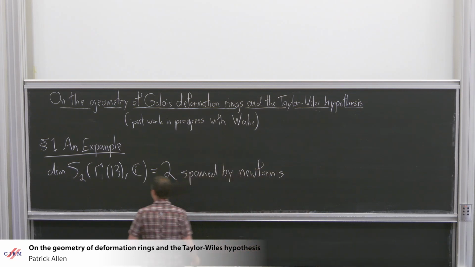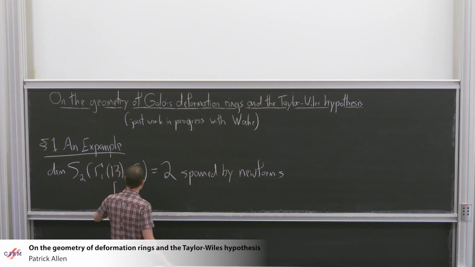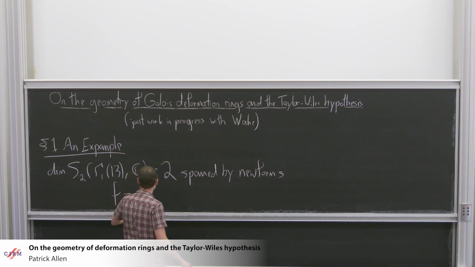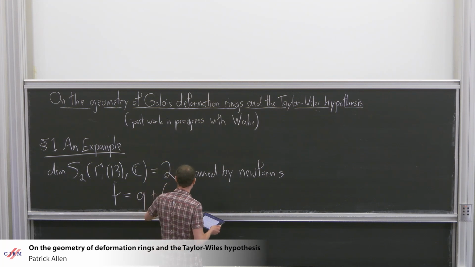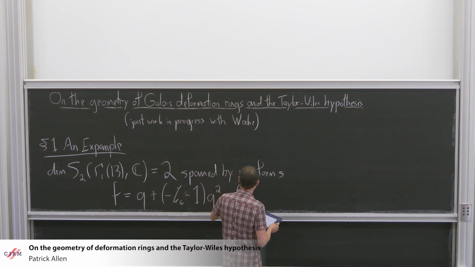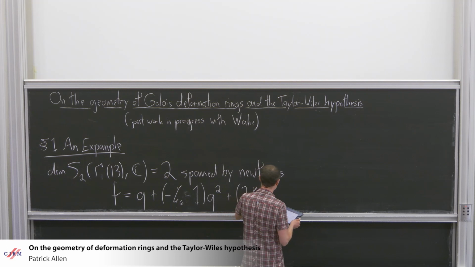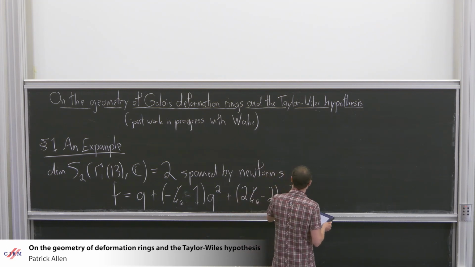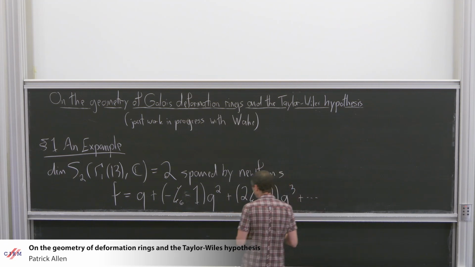There's a newform F. Let me write down what its q-expansion looks like, at the start at least: q plus, I don't have my notes for this, negative (zeta_6 minus 1) q squared plus (2 zeta_6 minus 2) q cubed, etc. You can look this up in LMFDB.